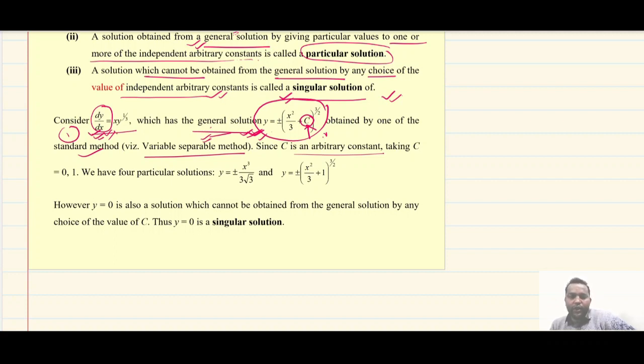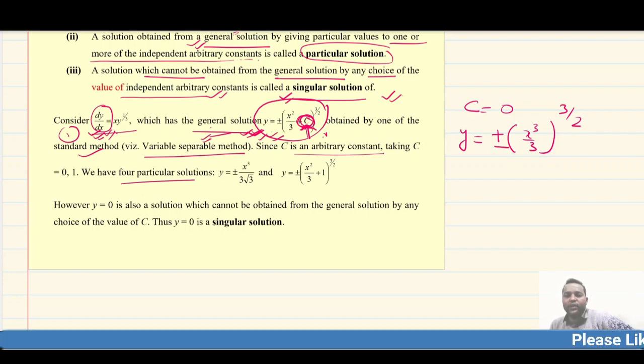Now, in order to find the particular solution, we put some fixed values to one or more independent parameters. Here, only one parameter is involved. If we put some fixed value to this parameter C, then we find a particular solution. Suppose we put C equal to 0, then we obtain two particular solutions. One is plus x cube by 3 raised to the power 3 by 2, and another is minus x cube by 3 raised to the power 3 by 2.